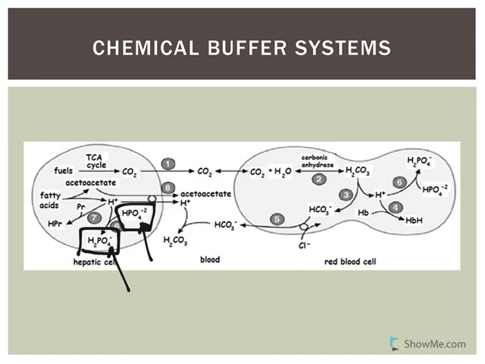And where did that hydrogen ion come from? If you look carefully over here, you see fatty acids, this hydrogen ion, and acetoacetate. I mentioned previously that the incomplete oxidation of fatty acids can generate acetoacetic acid, which is a ketone body.